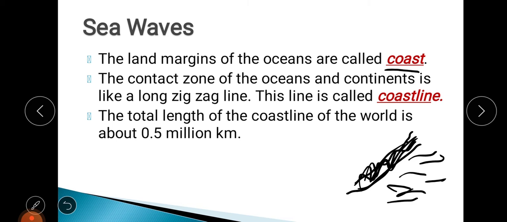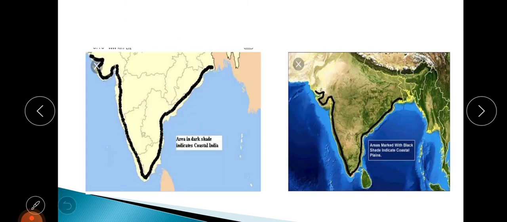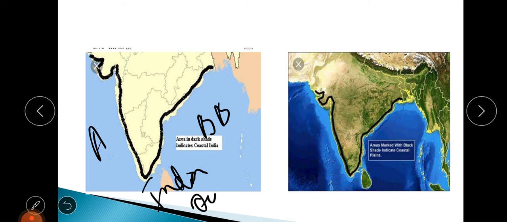About 0.5 kilometer. So this is the Indian coastline. Here we have the Bay of Bengal, here we have the Arabian Sea, and here we have the Indian Ocean.